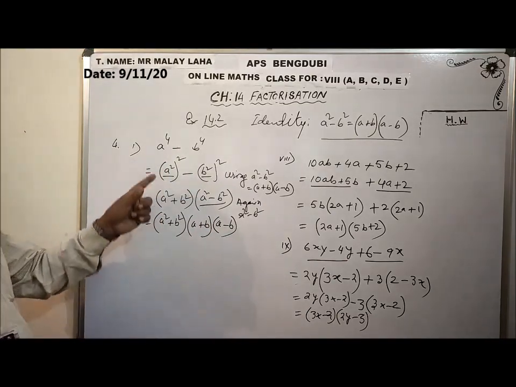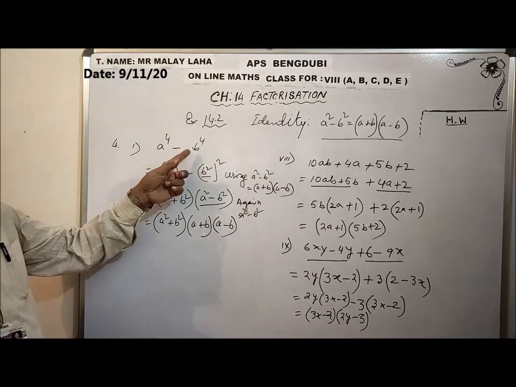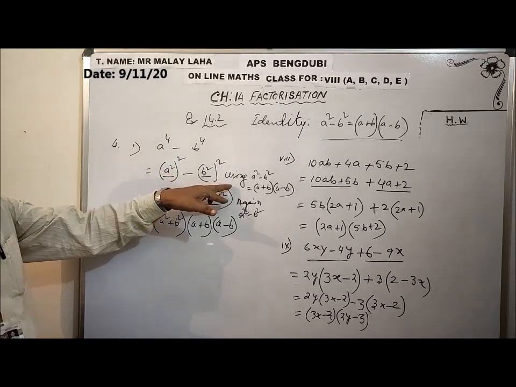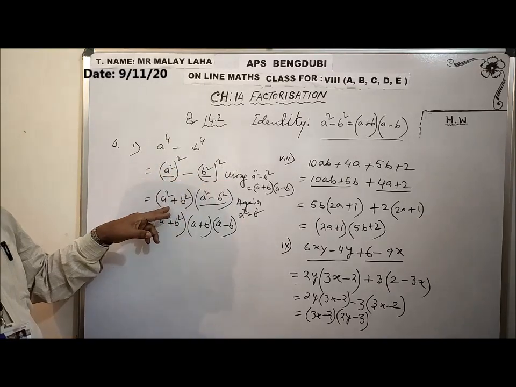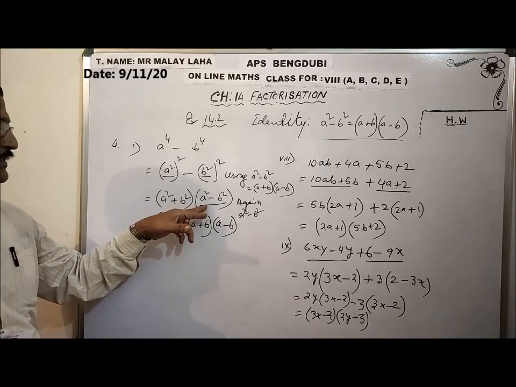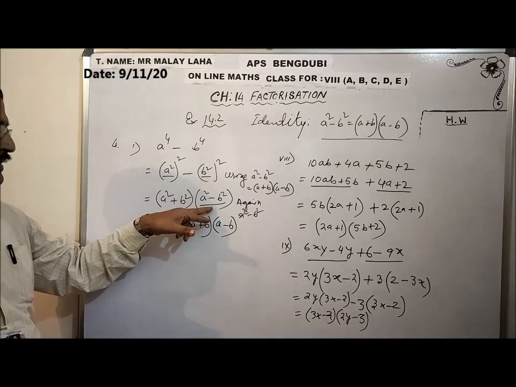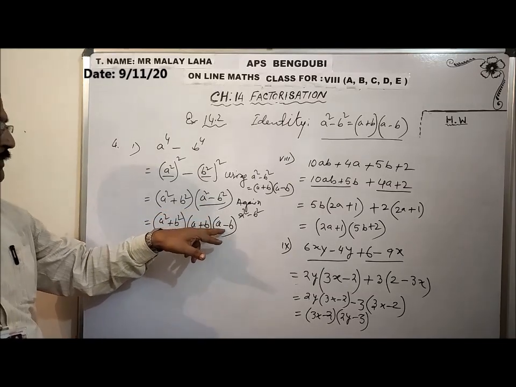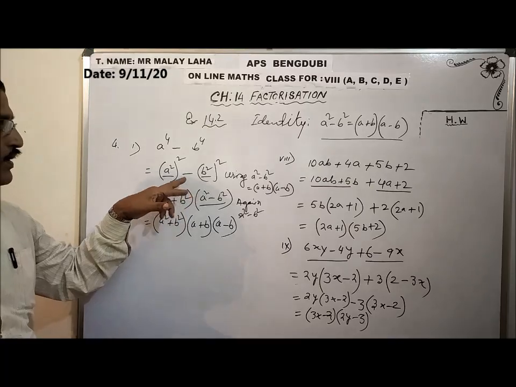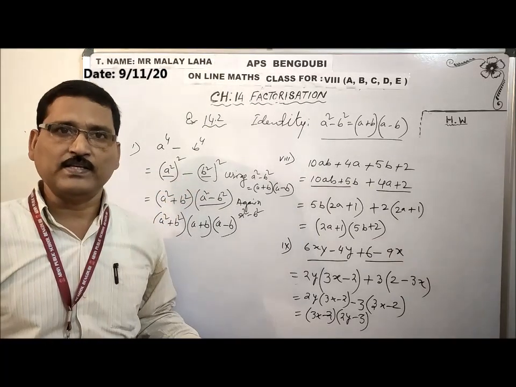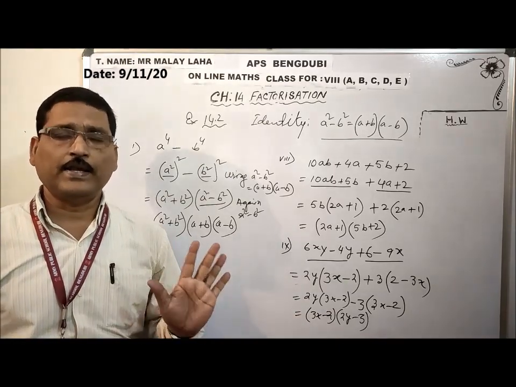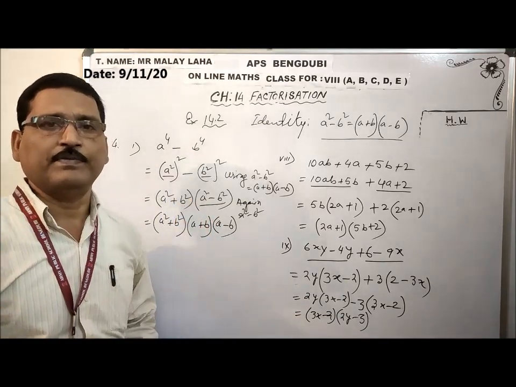So when any number is in the form of a raised to 4 minus b raised to 4, reduce the power first, use the identity, and then a square plus b square has no identity, but again a square minus b square has an identity. You factorize this part further, a plus b into a minus b. It may be any other literal factor, not necessarily a and b. It could be m, n, p, q, r, s, any English alphabet might be there.